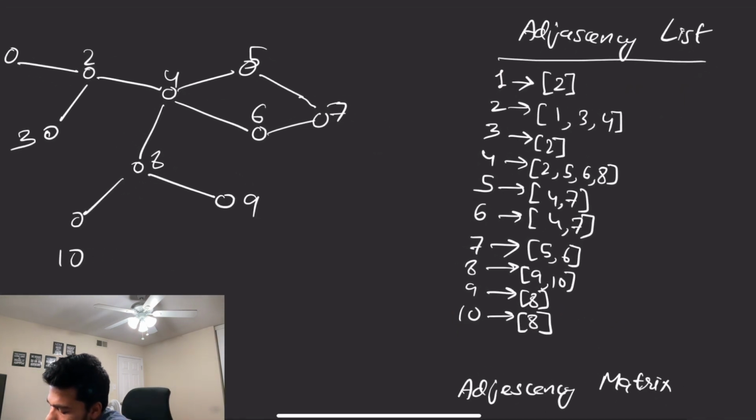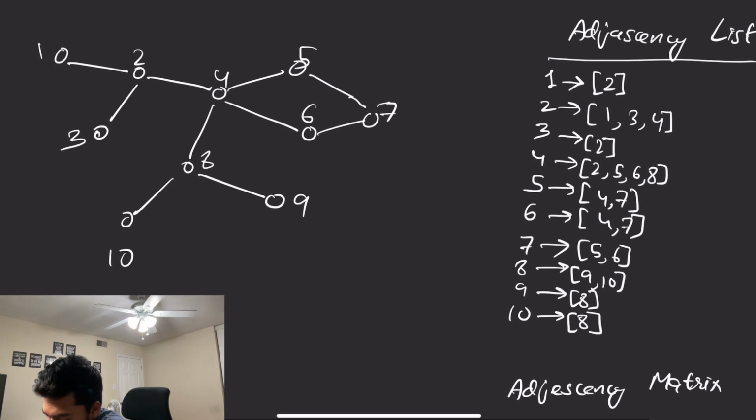And the really neat thing about it is that once you have this representation, you can go back and build out the graph, right? But there is something I'd like to mention here.